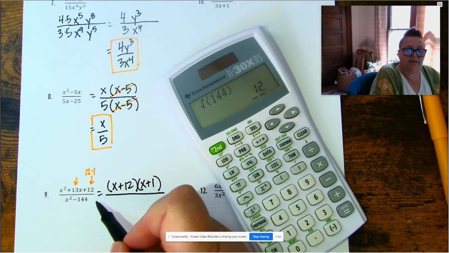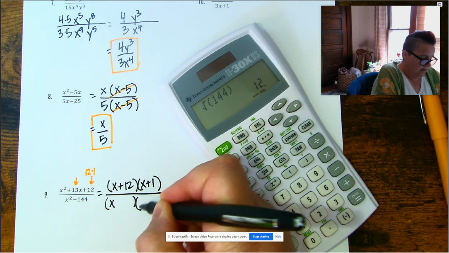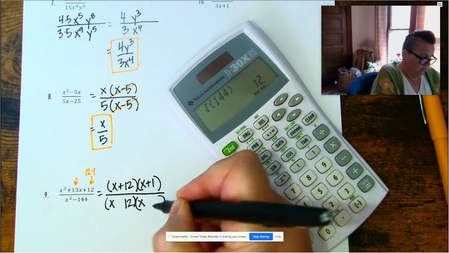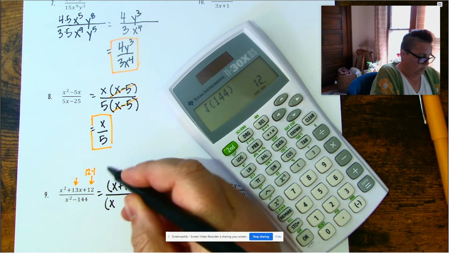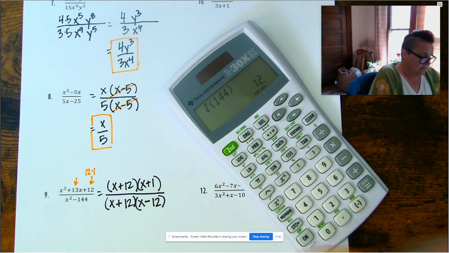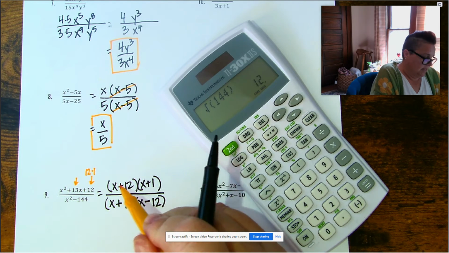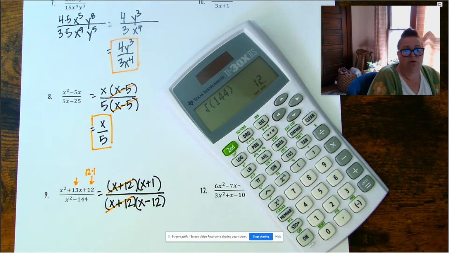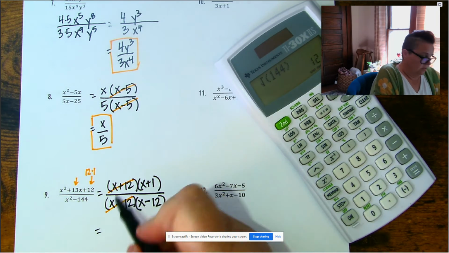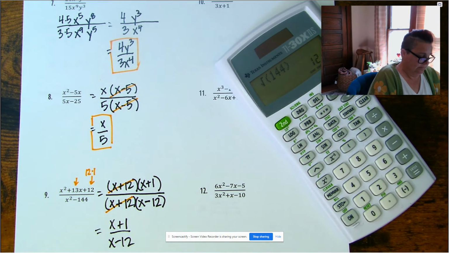This means that the factors here would be an x and an x, and then the square root of 144 is 12. One of them will be positive, one of them will be negative. That then determines the two factors in the denominator. Now I can see I have an x plus 12 in both the numerator and denominator, so they will cancel out, leaving the factored form as x plus 1 over x minus 12.